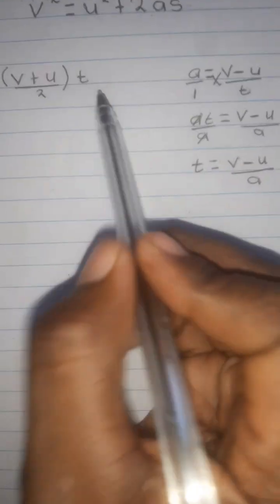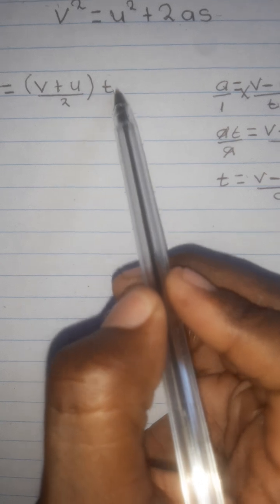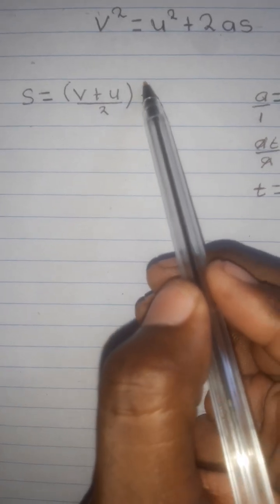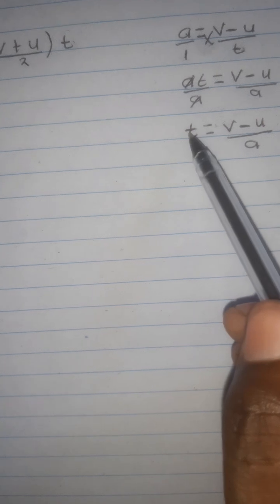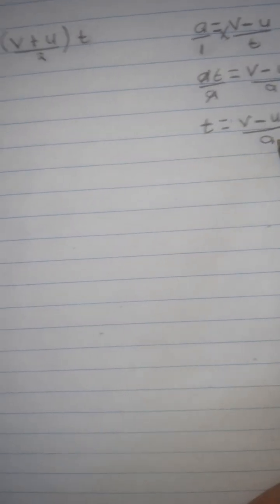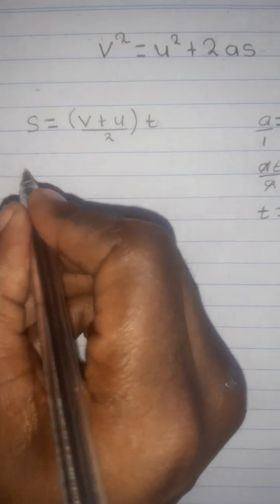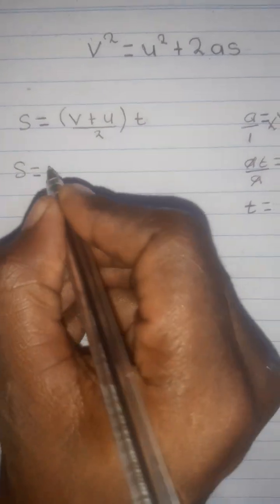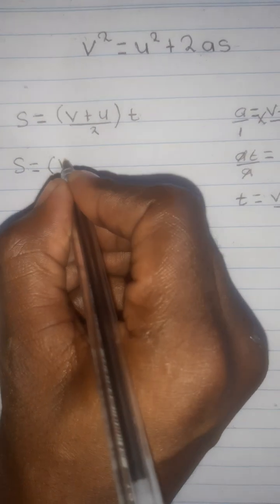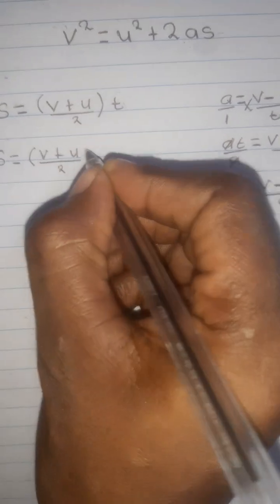Now since I have the formula for time, here exactly in the formula for displacement, where there's time, I'll put this formula because we're saying t is equal to this. So I'll come back to my formula and say s is equal to, open brackets, final velocity plus initial velocity divided by 2.